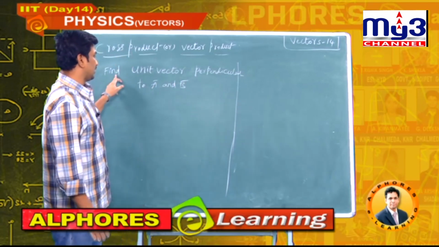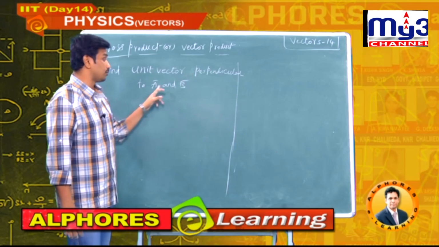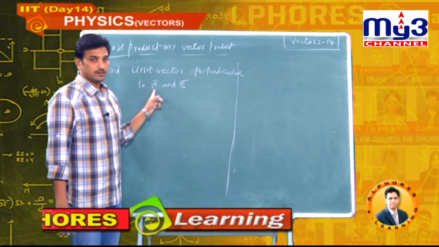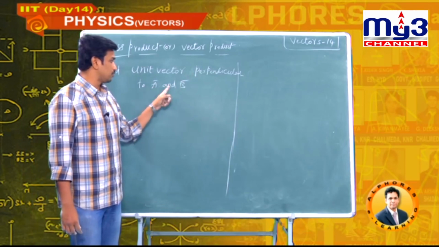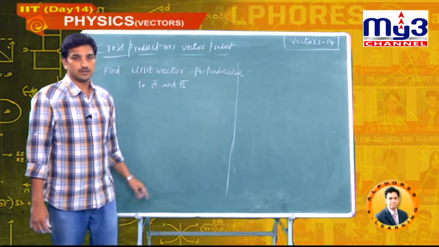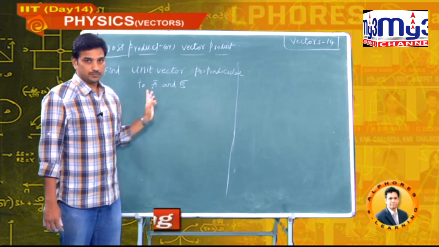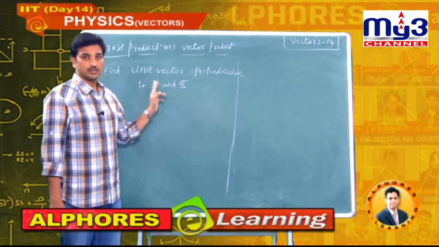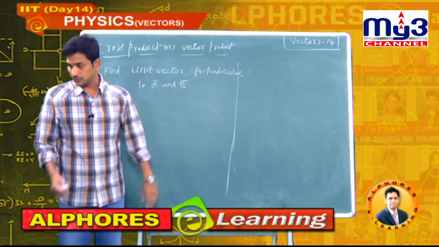How to calculate the unit vector that is perpendicular to A bar and B bar? You should remember the vector perpendicular to A bar and B bar is A cross B. Vector perpendicular to A bar and B bar is A cross B. So, chalk piece.